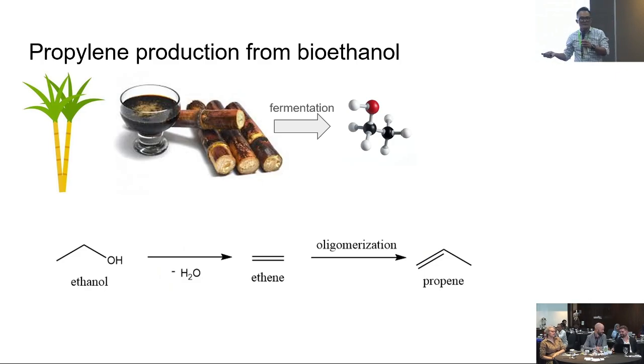We can produce propylene from ethanol, and there is a lot of ethanol in Indonesia. Ethanol is usually produced from molasses. So ethanol is a side product of molasses in the sugar refinery, and we can use it to produce propylene.